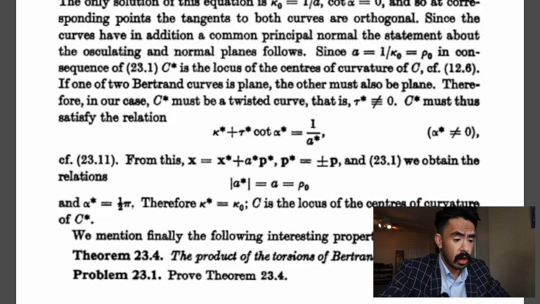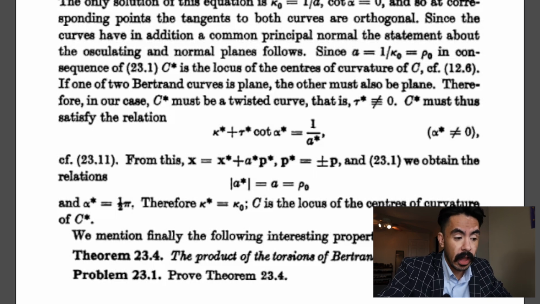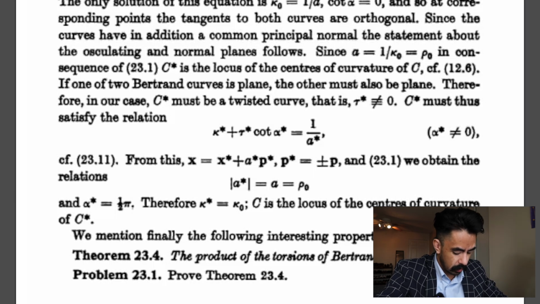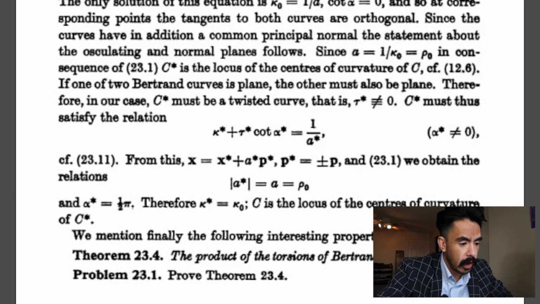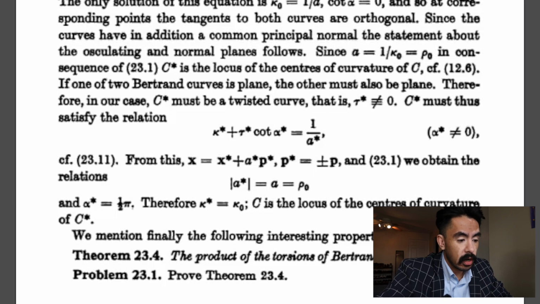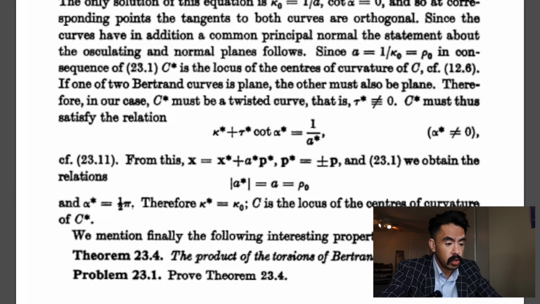So C star must thus satisfy the relation kappa star plus tau star times cotangent of alpha star equals 1 over A star, where alpha star is non-zero. And this is given by the relation kappa plus tau times cotangent of alpha equals 1 over A. From this, we have that the vector x equals vector x star plus A star times vector p star, and vector p star is equal to plus or minus the vector p.